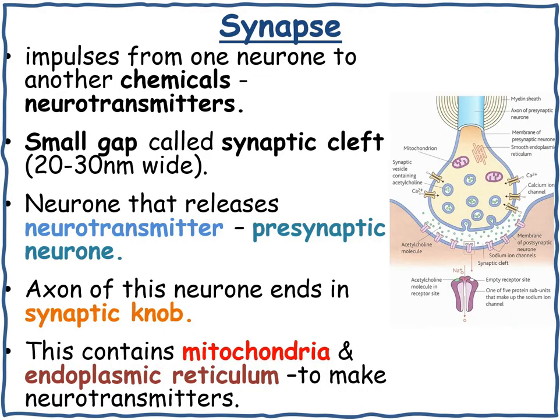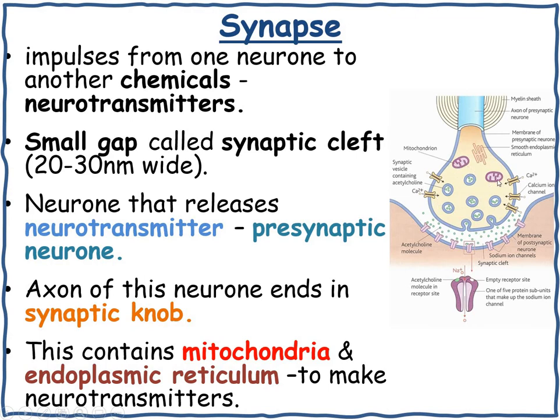Impulses from one neuron to another are transmitted by a chemical which is called a neurotransmitter. And there is a small gap called a synaptic cleft, which is 20 to 30 nanometers wide. The neuron that releases the neurotransmitter is called the presynaptic neuron, and the end of this axon ends in a synaptic knob.